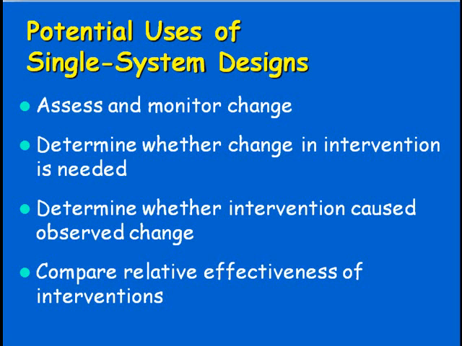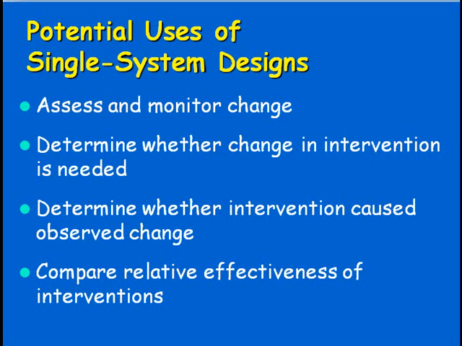Also, you can somewhat determine whether an intervention caused the observed change, and I say somewhat because we'll talk about the whole concept of causality. In the graph that we're looking at, we can't always assume that our intervention is what caused the change. There might have been another event that happened.